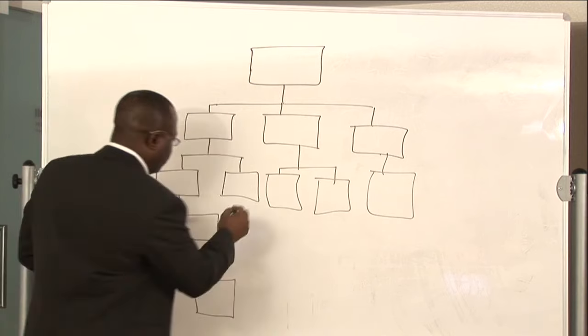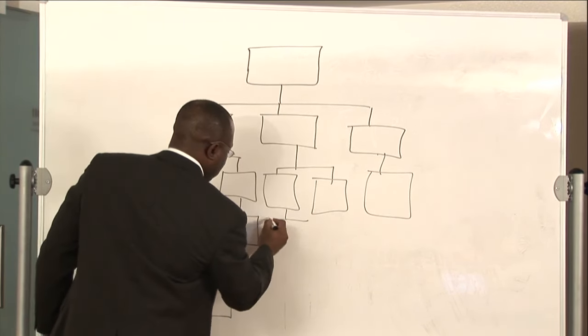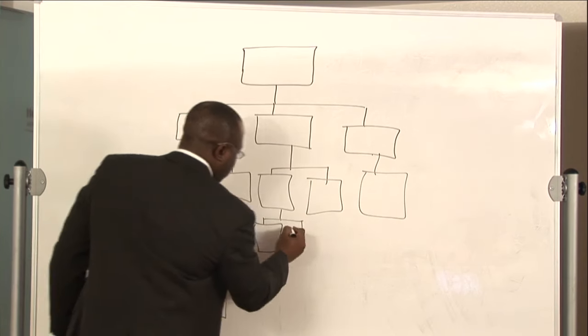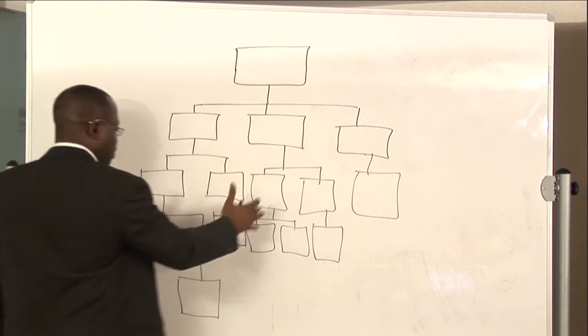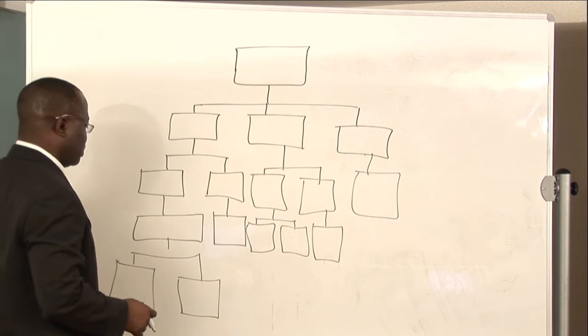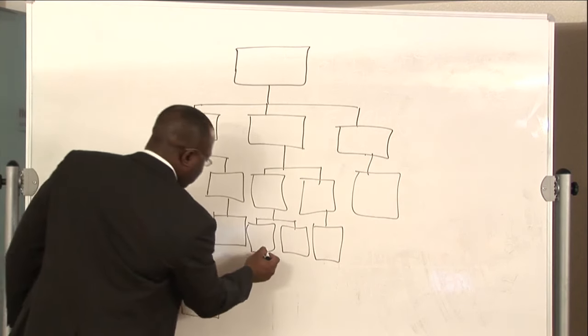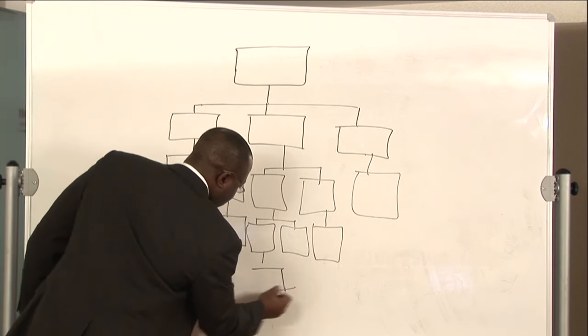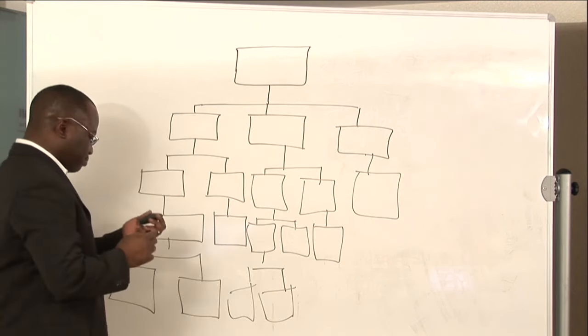So we could keep filling in these levels depending on how the project is structured, but ultimately this is pretty much what you're doing. You're breaking down the work into smaller, more manageable pieces. The lowest level of the WBS is called a work package. So if I keep breaking it down, I get down to the work package level.